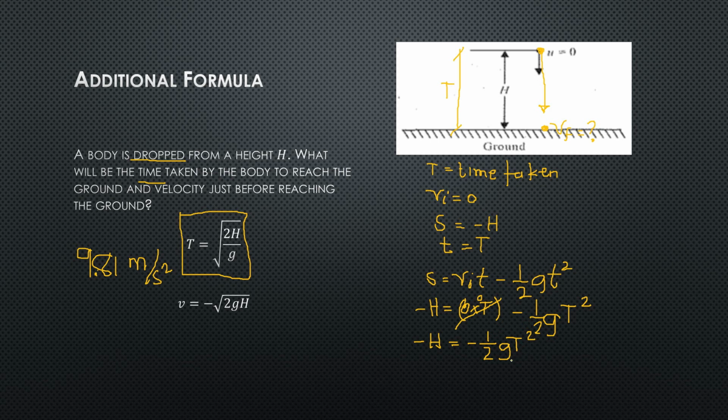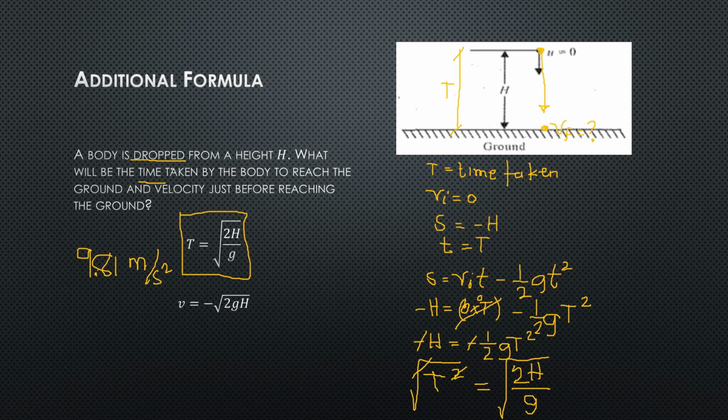Okay, now solving for time, so dividing both sides by negative 1, so the negative sign will be eliminated, and simplifying the equation, this will give you t squared will be equal to 2h all over g. And taking the square root of both sides, okay, solving for t, then the square root will be eliminated, and you simply have this formula.